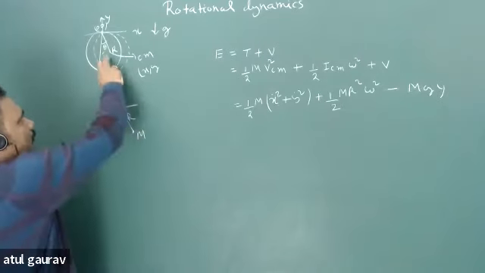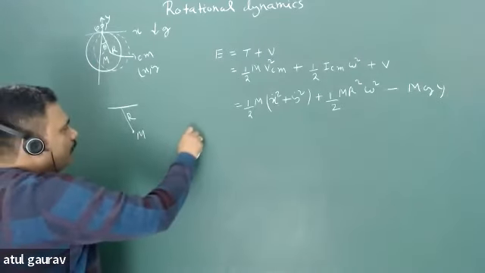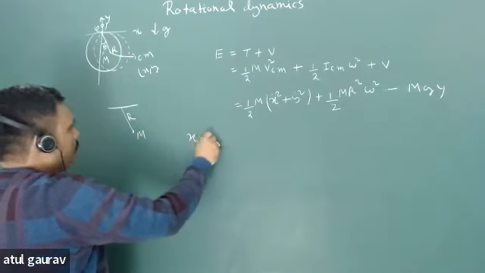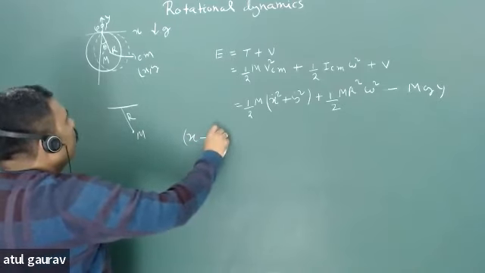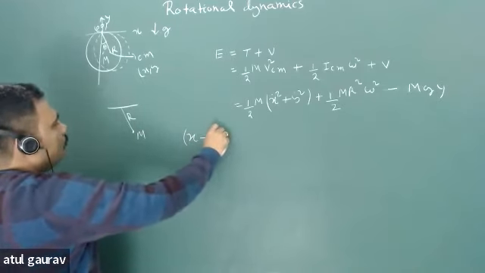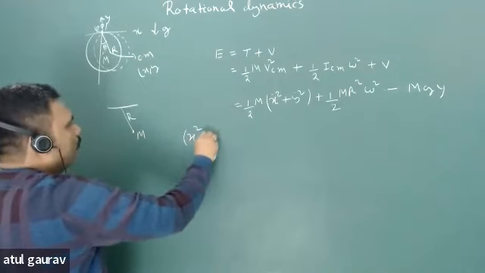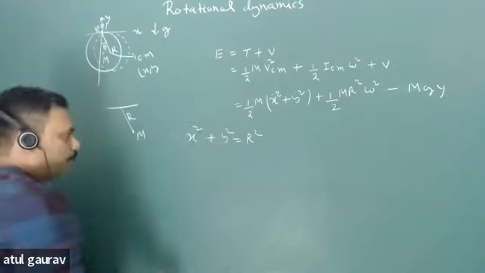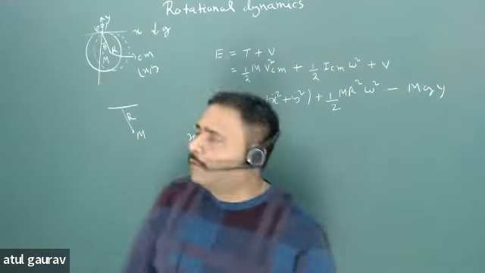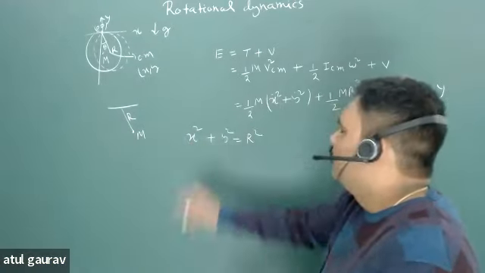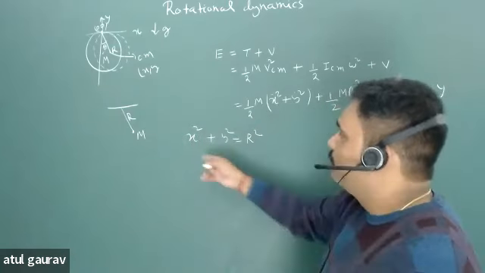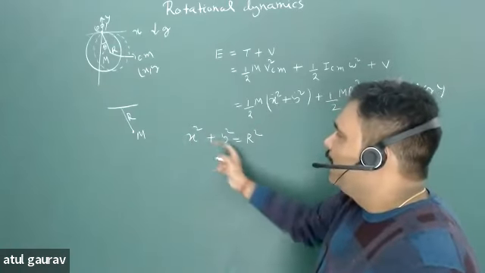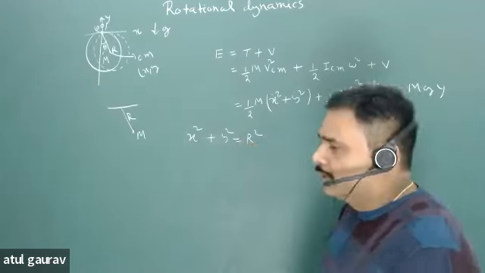So this center of mass is moving in a circle, so x squared plus y squared is equal to R squared. This is basically your equation of constraint. So every time x and y are related such that it is moving on a circle of radius r.